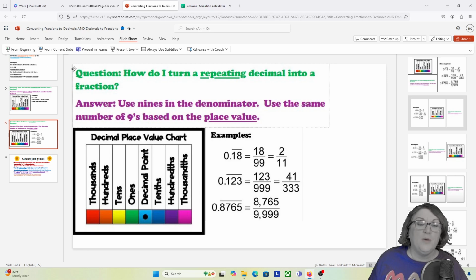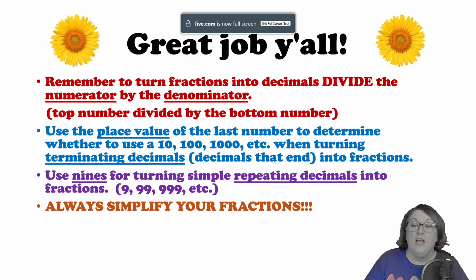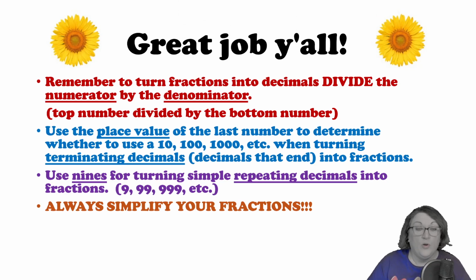All right, so let's review what we did. So great job. We're going to remember in this lesson to turn fractions into decimals by dividing the numerator by the denominator.